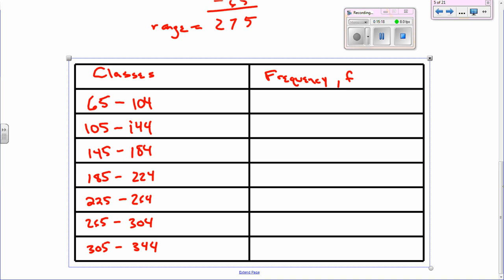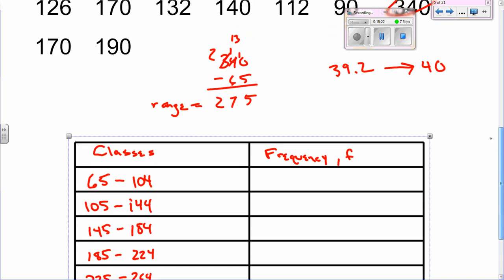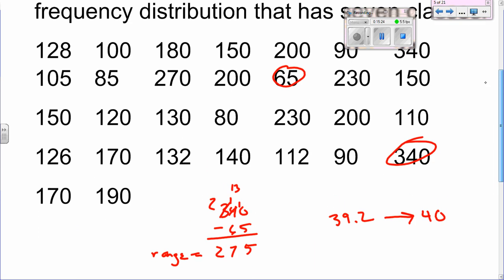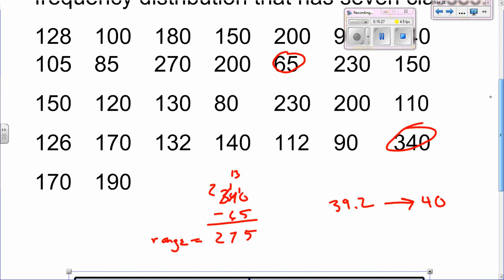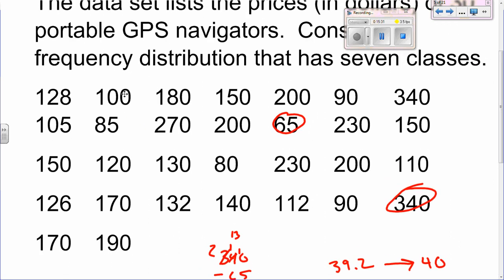Now, your next job is to literally just tally them up. What falls within each class. So how many are going to fall between 65 and 104? 1, 2, 3, 4, 5, 6.